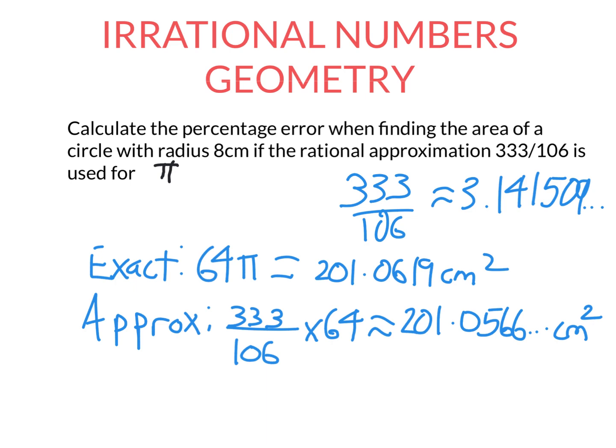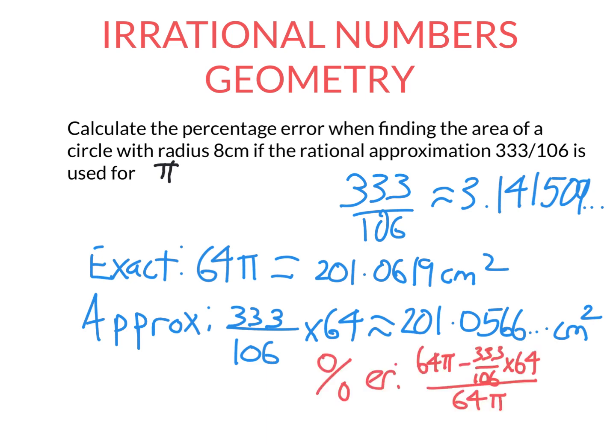What would be the percentage error? Well, the absolute error is this minus this. So absolute error, we go this minus this, then we divide by the exact amount. So the exact amount, what the answer should be, is 64 pi, and then we times by 100 and stick a percent sign on the end.